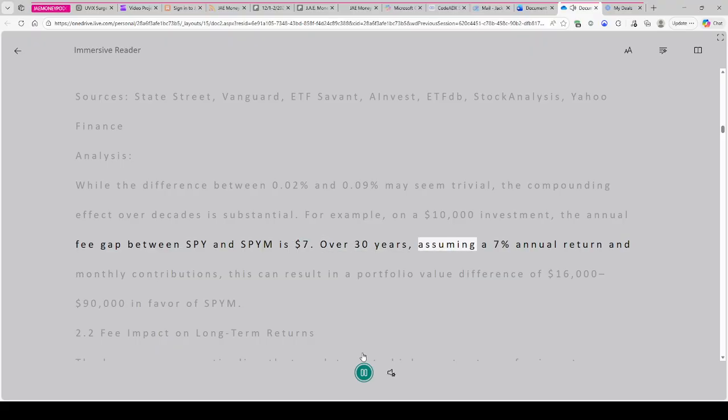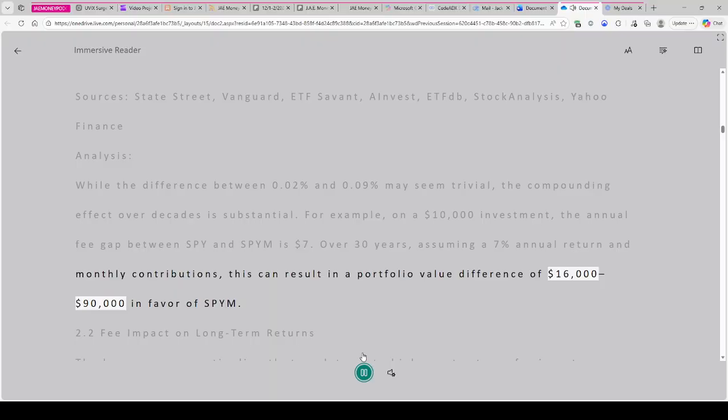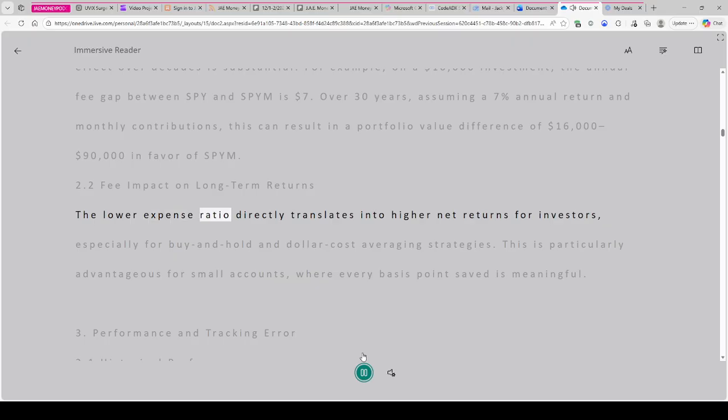Over 30 years, assuming a 7% annual return and monthly contributions, this can result in a portfolio value difference of $16,000 to $90,000 in favor of SPYM. 2.2 Fee impact on long-term returns. The lower expense ratio directly translates into higher net returns for investors, especially for buy and hold and dollar cost averaging strategies. This is particularly advantageous for small accounts, where every basis point saved is meaningful.